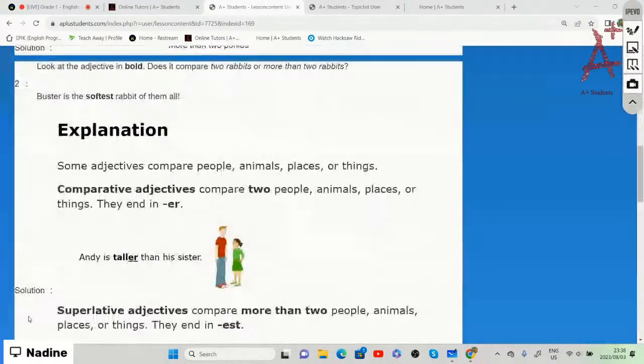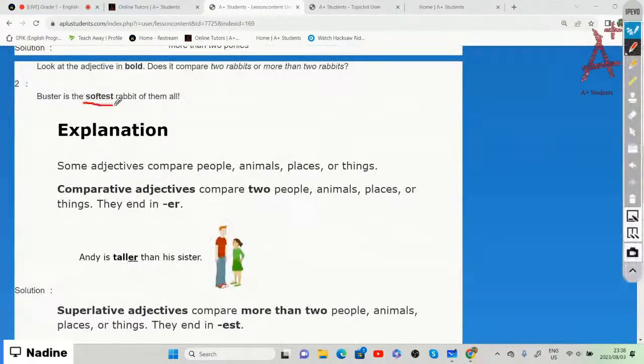Buster is the softest rabbit of them all. Softest. We need to look at the word softest, right? Does it compare two rabbits or more than two rabbits?